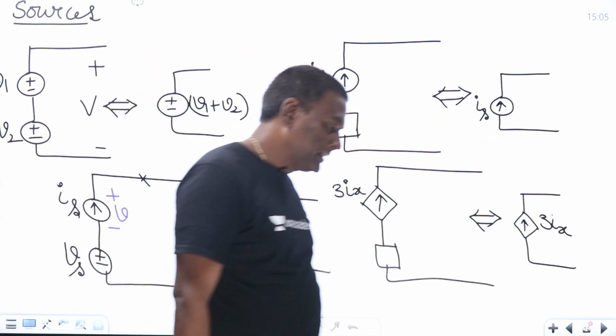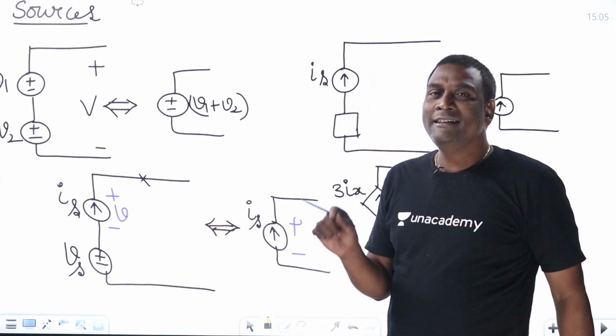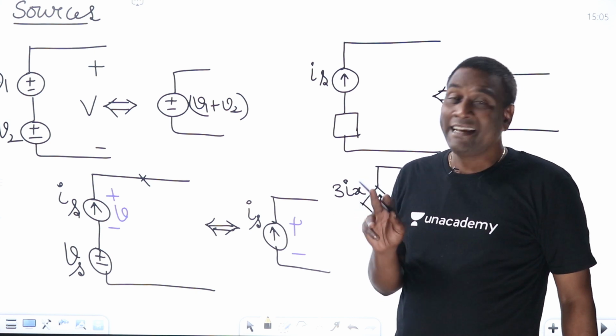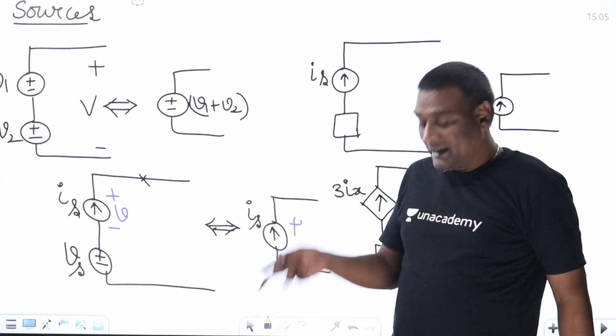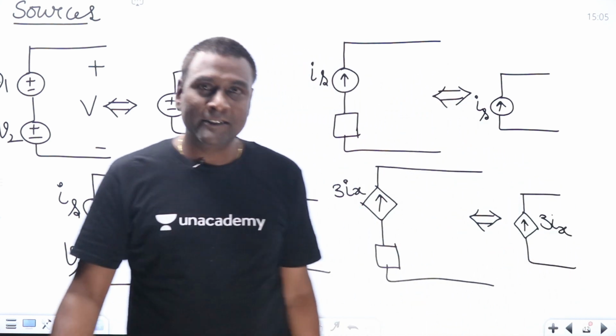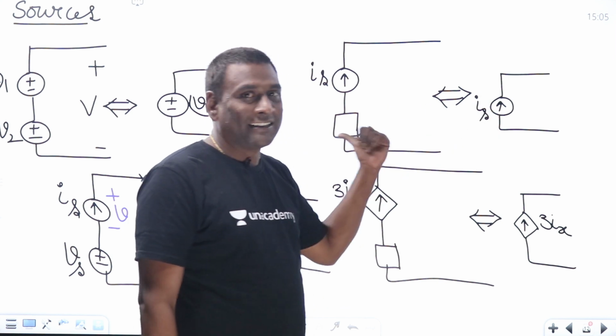I repeat my statement: anything connected in series with an ideal current source can be neglected, provided information is being asked external to the system, not internal to the system.